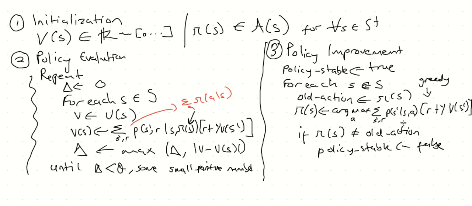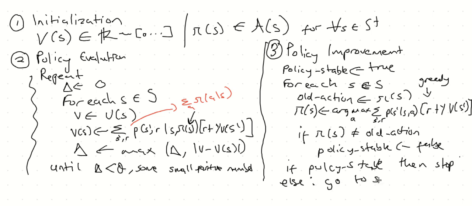And finally, after going through all the states, if the policy is stable, then stop, you're done. The algorithm has converged and you have found the optimal policy. Else, go to step 2.